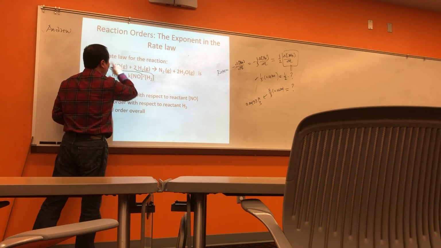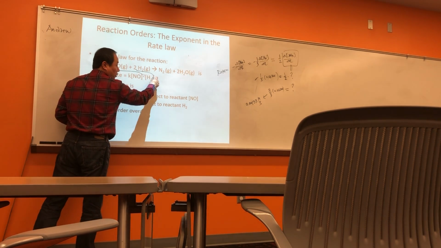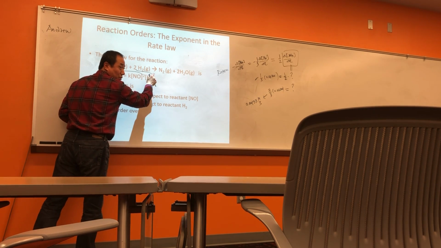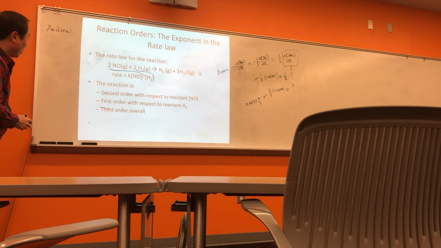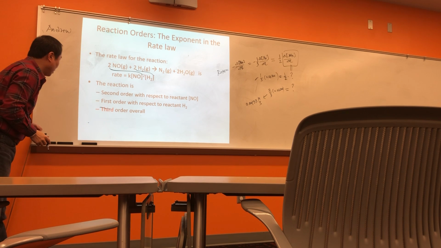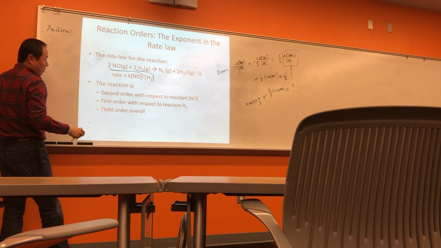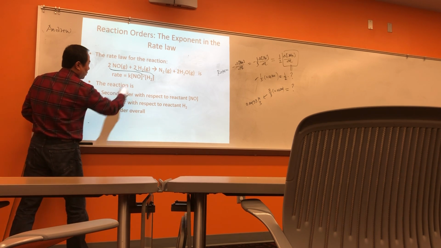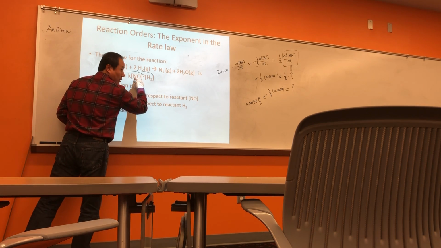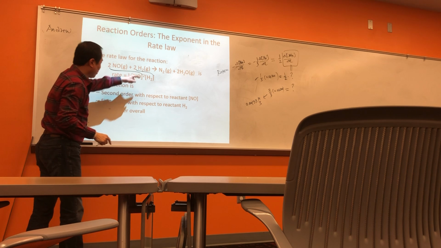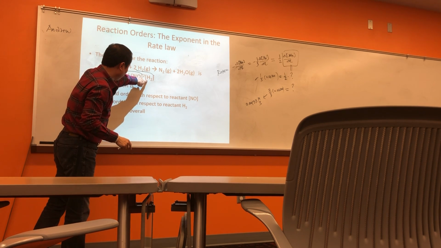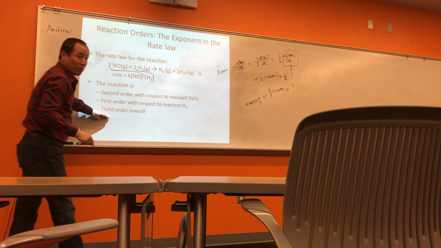Do not use that number. You have to determine what should go here, and we'll do that in a later slide. So if this is the rate law, then this reaction is second order with respect to NO, first order with respect to hydrogen molecule, and the overall is third order.